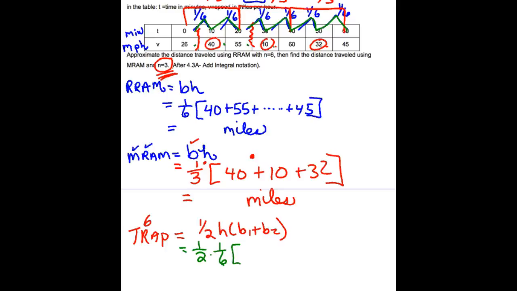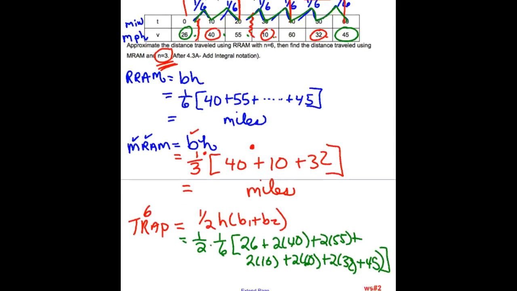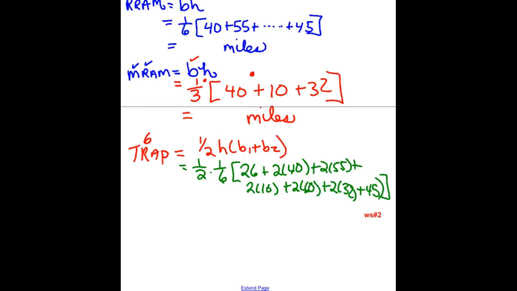So they're all going to get doubled except the bookends. So I'd have 26 plus twice 40 plus twice 55 plus twice 10 plus twice 60 plus twice 32 plus 45. All right, and these are all approximations for the area under the curve, all giving us miles traveled.